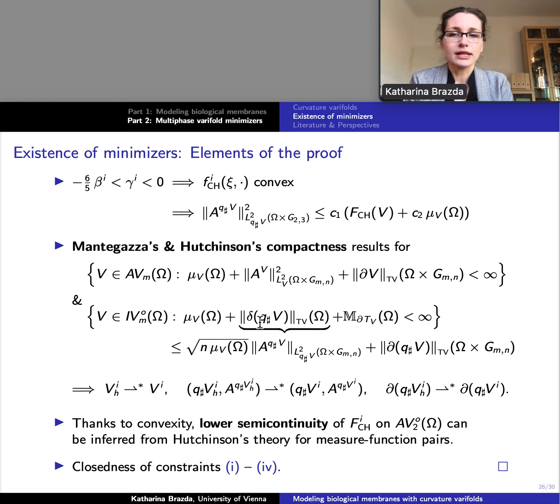And here, let us note that we can estimate the total variation norm of the first variation in terms of the L2 norm of the curvature and the total variation norm of the boundary measure. Next, lower semi-continuity of the energy follows also thanks to convexity by Hutchinson's concept of measure function pairs. And finally, one can show that all constraints are closed.